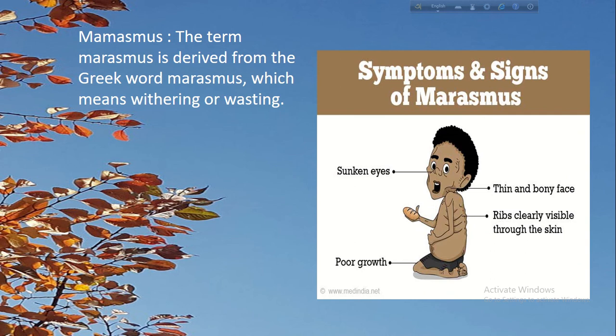What is marasmus? The term marasmus is derived from the Greek word marasmus, which means withering or wasting. Symptoms and signs of marasmus. Follow here: sunken eyes, thin and bony face, ribs clearly visible through the skin, and poor growth.